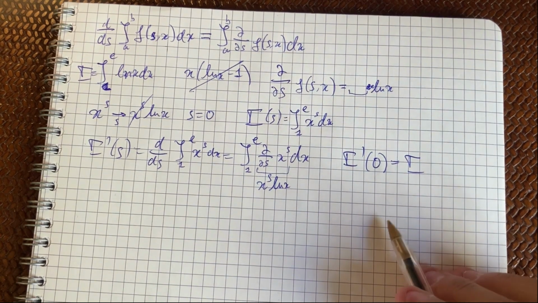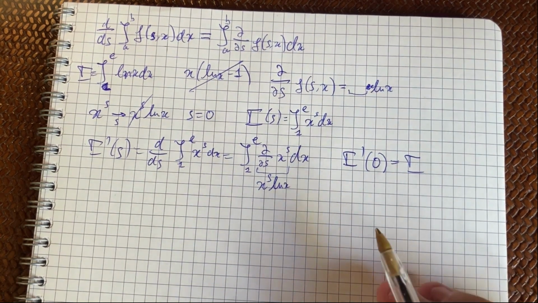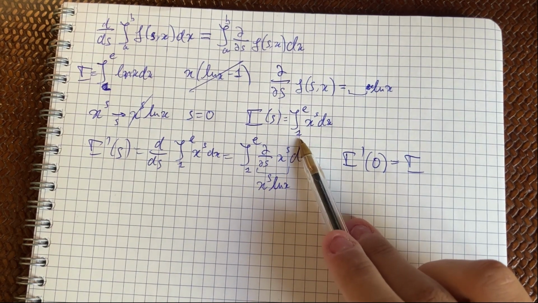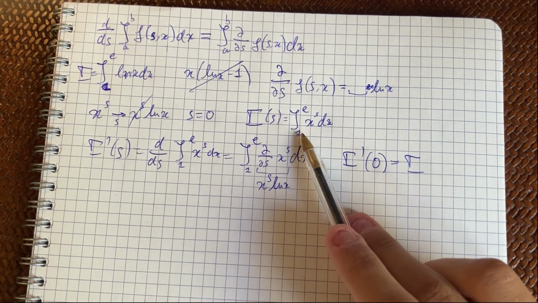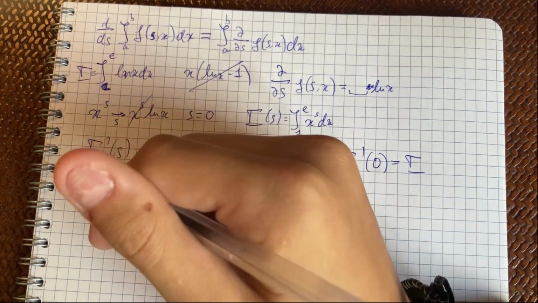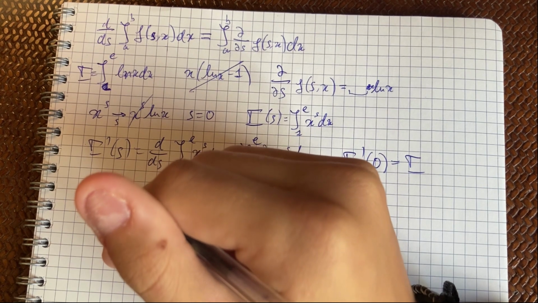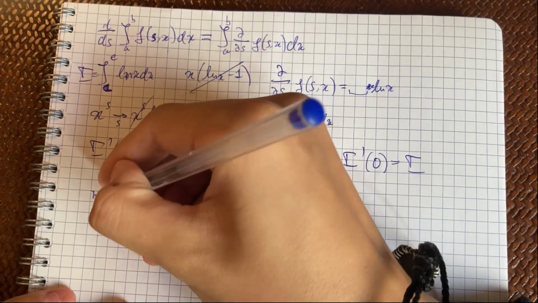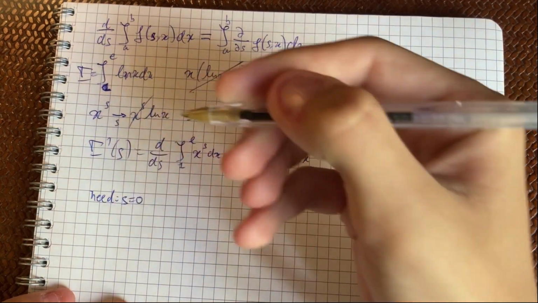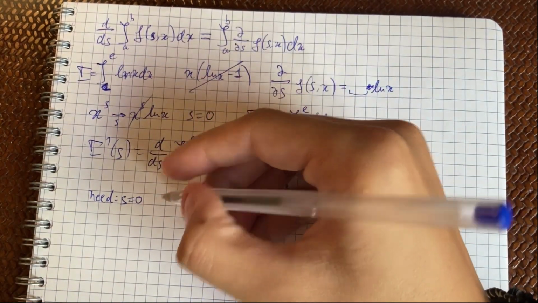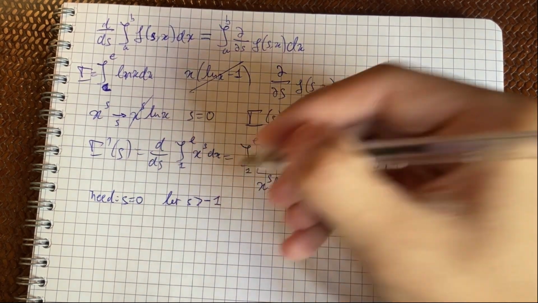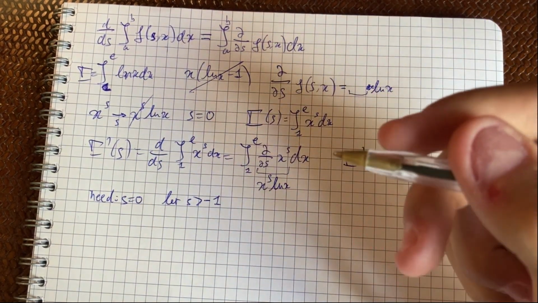So now let's calculate the general case I of s. We have the integral from 1 to e of x to the s power dx, which we calculate in this way. Since s is a constant for the integral and we need the case s equals 0, we can just assume that s is greater than -1, which means that we can use the general formula.